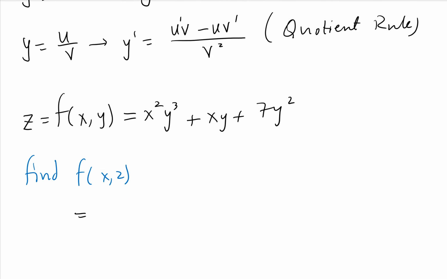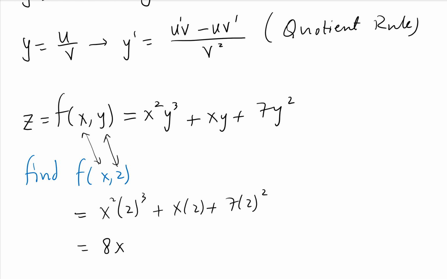If you compare it to this, x stays x, but y is 2. So it's x squared times 2 cubed plus x times 2 plus 7 times 2 squared. This is 8x squared plus 2x plus 28.